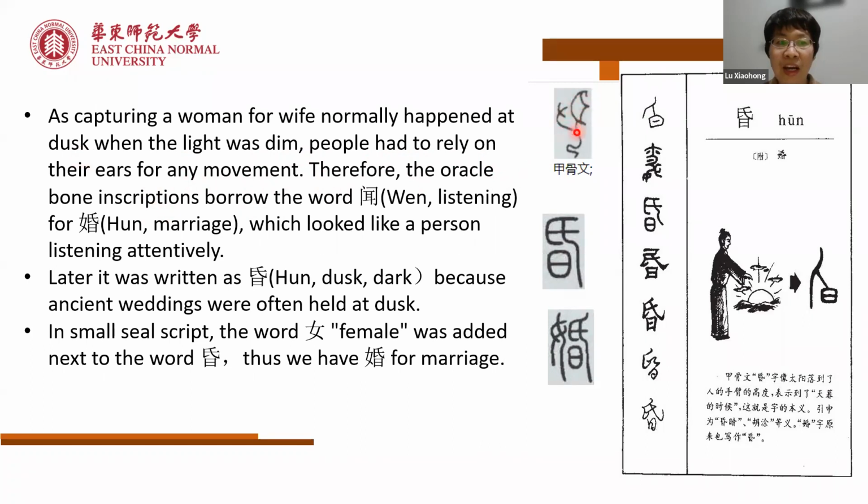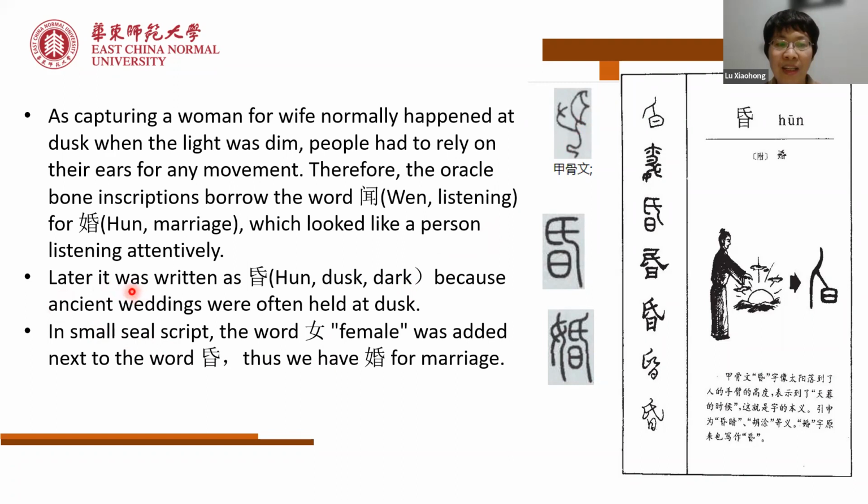So in the oracle bone inscription, they borrowed the word 闻, meaning listening, for 婚, for marriage, which looks like a person listening attentively. So look at this character in oracle bone inscription. It's like a person listening attentively. This is an ear, a big ear, listening carefully for any movement because he was capturing a woman for his wife.